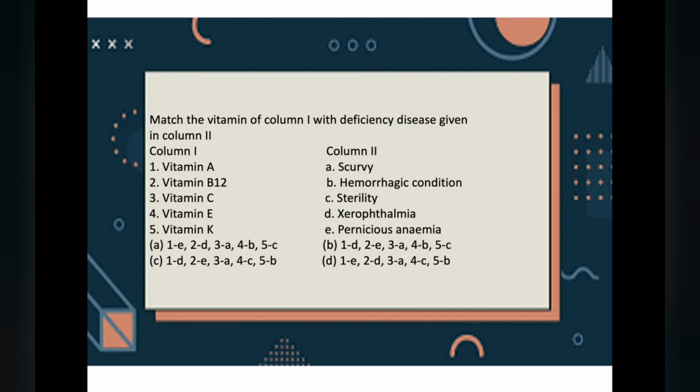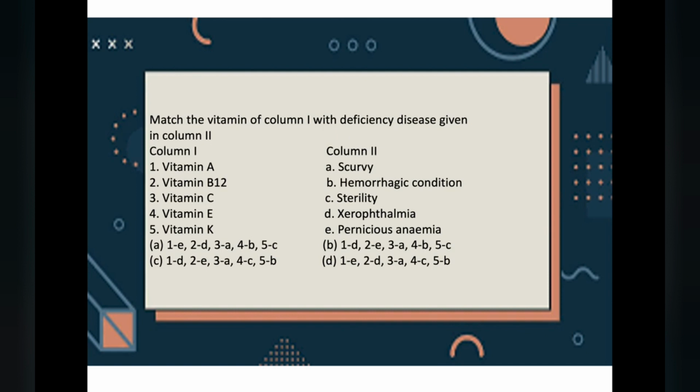What is hemorrhage? That is blood loss in the body. Such a condition is very critical to the health of a human being. Then sterility and xerophthalmia, which is an eye disease.